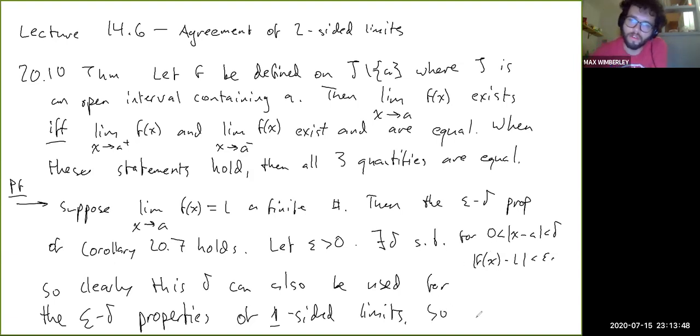So clearly the limit as x approaches a from the left of f of x equals the limit as x approaches a from the right of f of x, which equals L in this case. This direction is kind of trivial, because whatever delta you get for the two-sided limit, you can just use that for both of the one-sided limits.